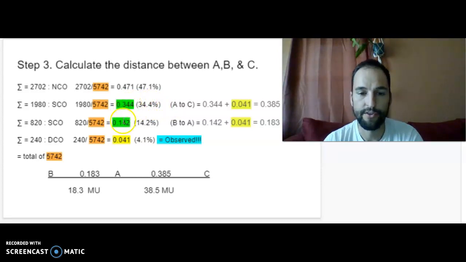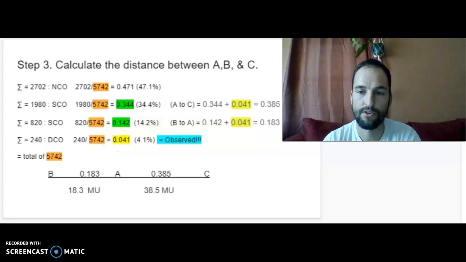So when you're calculating the distance, here you can see we have B to A to C. Ignore those values for now, but how you find that distance is you're going to add this 0.344 plus the double crossover groups.